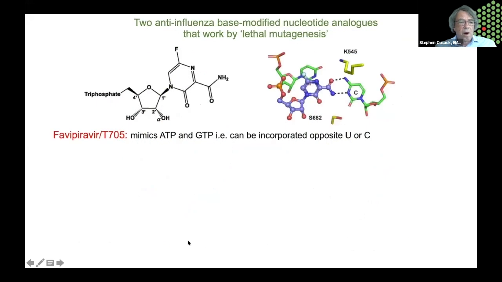So here is a drug that was developed initially against influenza. It's called favipiravir, or T705. This is a class of drug called nucleoside analogues, which mimic ATP, GTP, CTP, or UTP and bind directly in the active site of the polymerase.